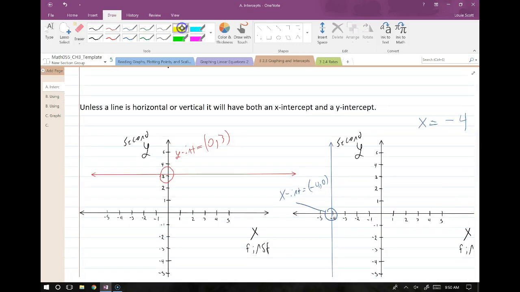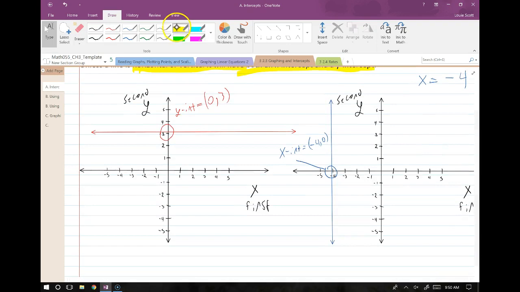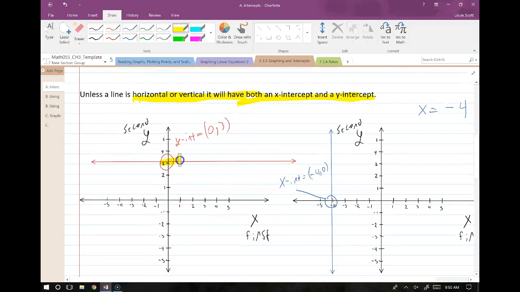Unless we're using a horizontal or vertical line, all linear graphs will have both a y and an x-intercept. So you can see these are two examples, first a horizontal line. This is the line y equals 3. You can see this only has a y-intercept because it's horizontal, so it goes in both directions without ever crossing the x-axis.